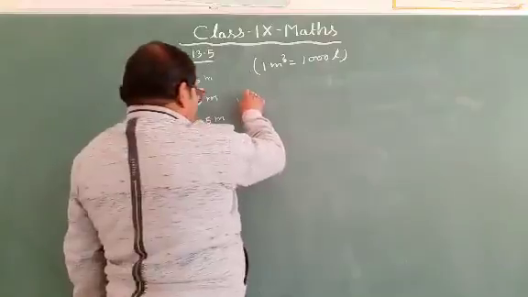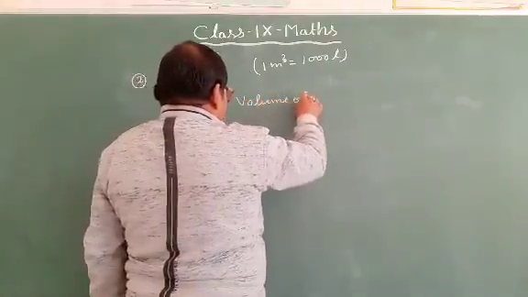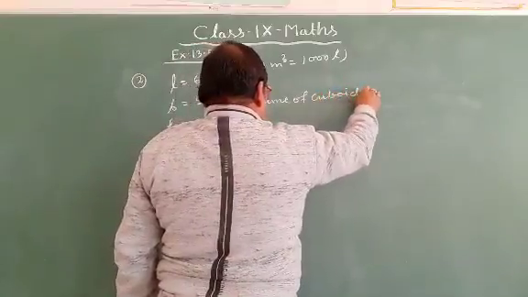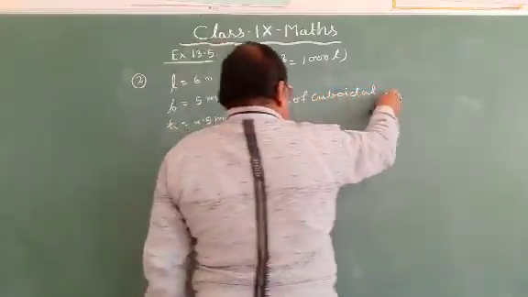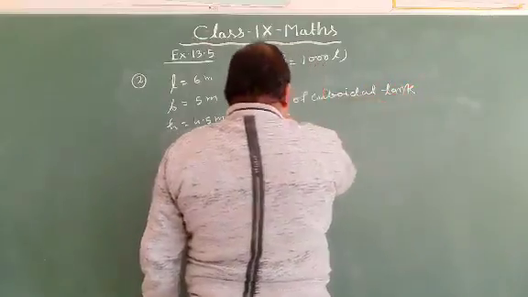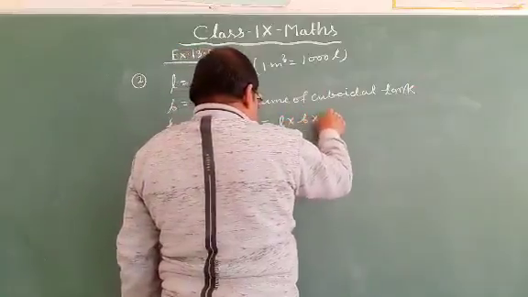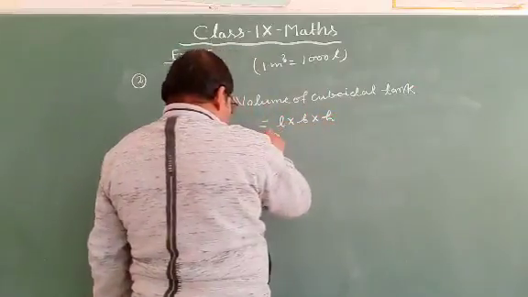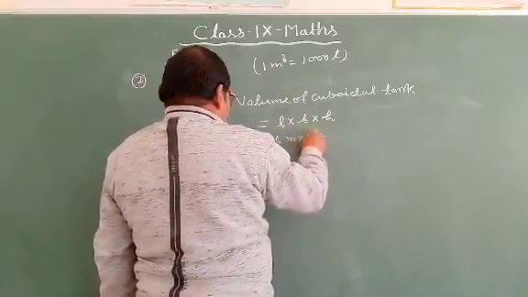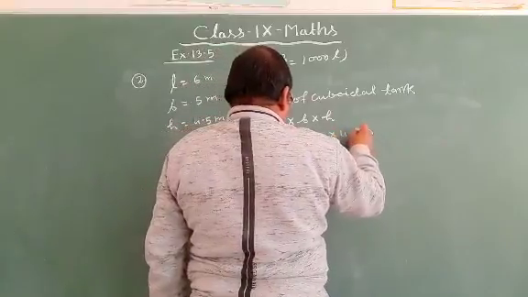The volume of the cuboidal tank is equal to length into breadth into height, which is 6 meter, 5 meter and 4.5 meter.